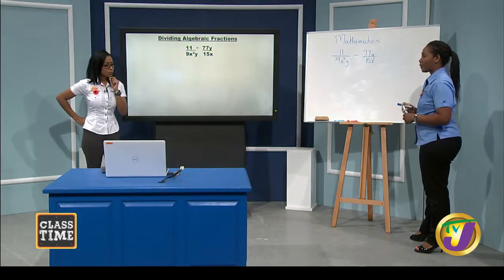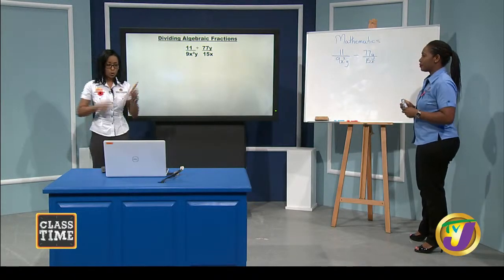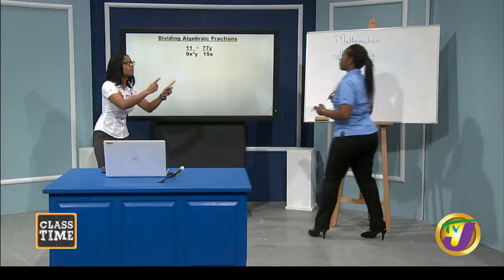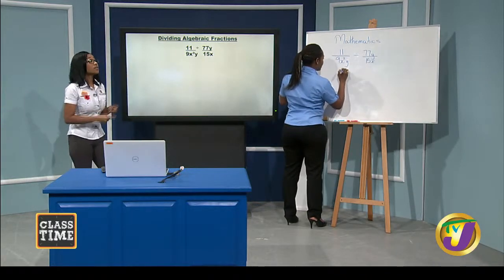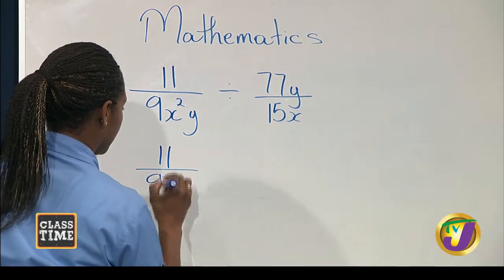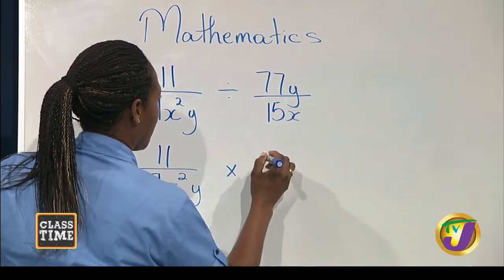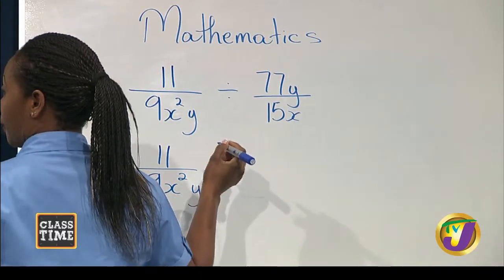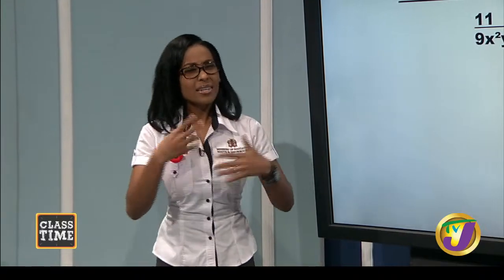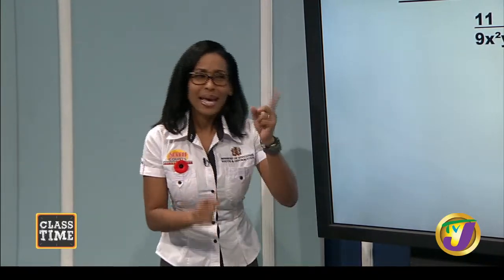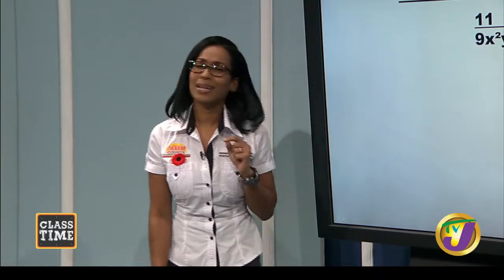I remember that when we were dividing fractions, we multiply by the reciprocal of the divisor. Excellent. So since I know that, I do believe we can incorporate that knowledge with algebraic fractions, bearing in mind that algebra and fractions are seen as two challenging topics. But they're not. By the end of the lesson, they should see that they're not at all. Excellent.